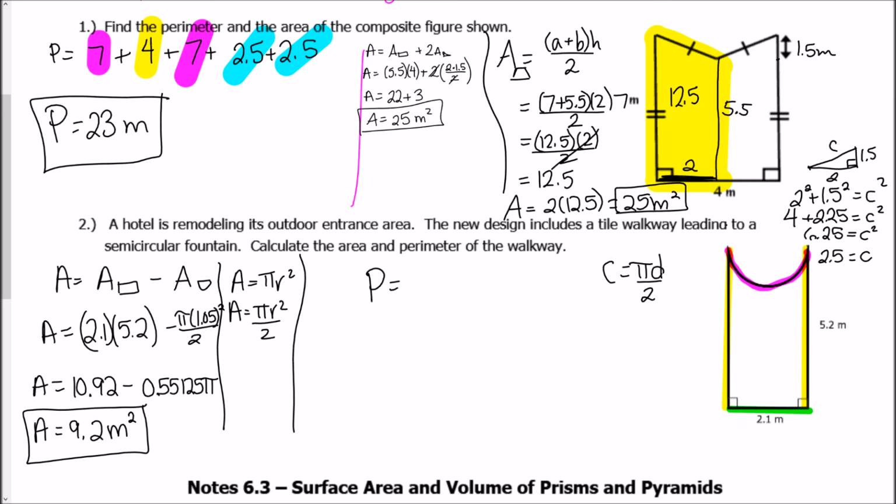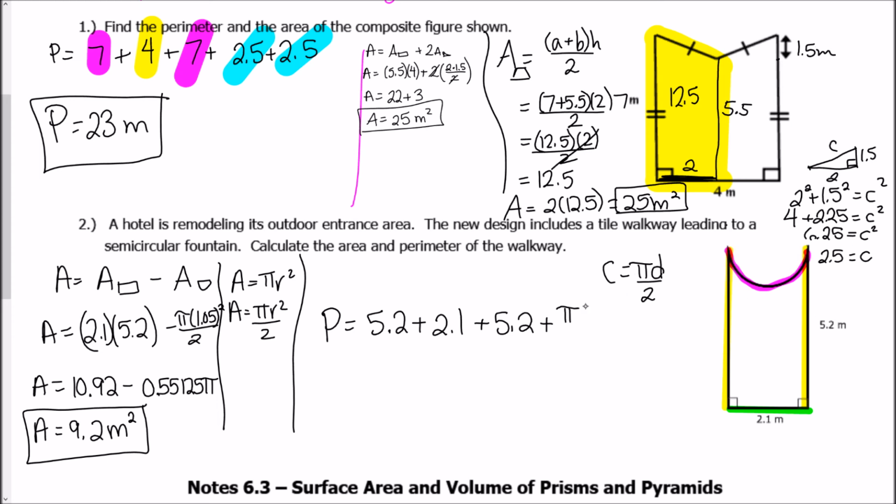Okay, so let's fill in this information right here. The perimeter is equal to my yellow side right here, which is 5.2, plus this green side, which is 2.1, plus another yellow side, which is 5.2. And if you want to do this shorter, you can just say 2 times 5.2, plus the semicircle's circumference.